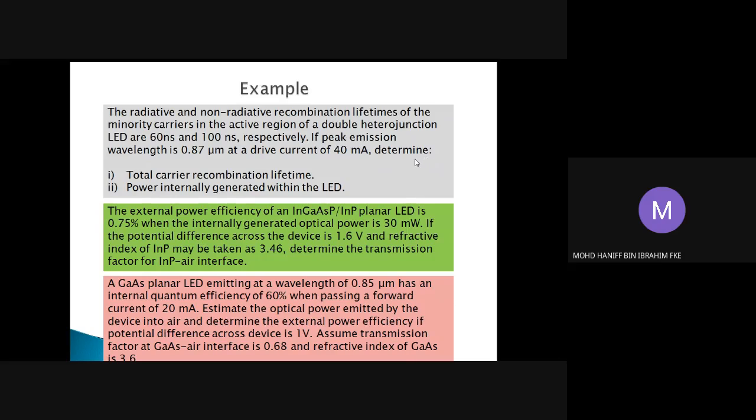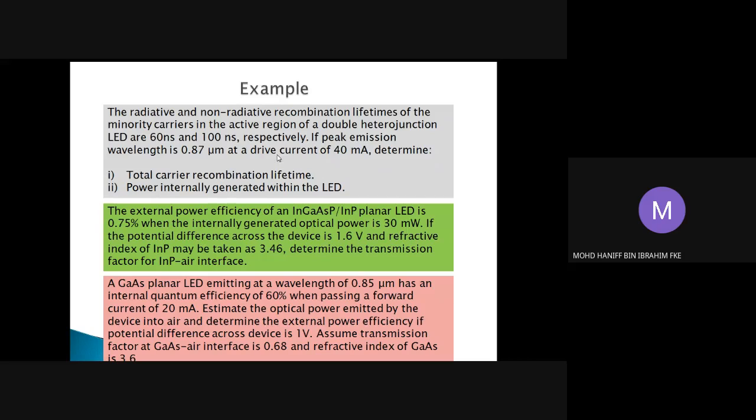From the total carrier recombination lifetime, we can calculate the internal quantum efficiency, in which the equation is tau, the total recombination time, divided by tau r, the radiative recombination time.